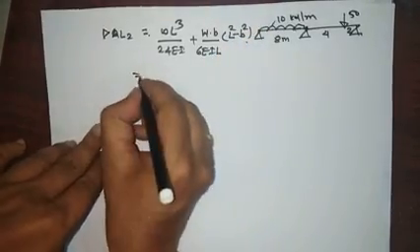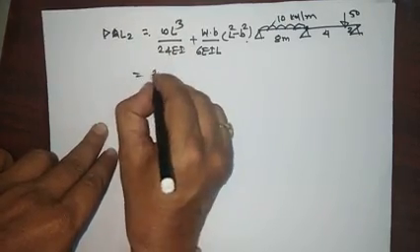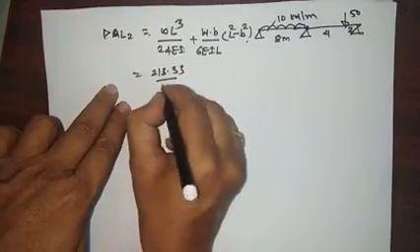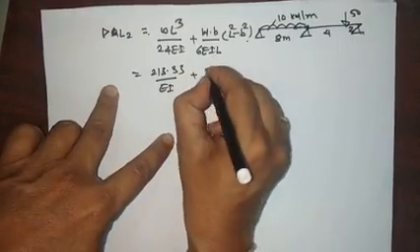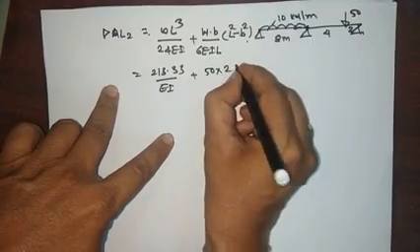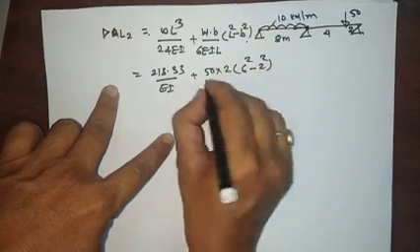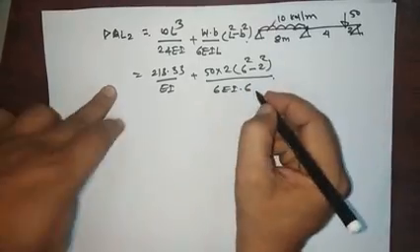Now if you put in the values, this value is the same, 213.33 divided by EI, plus 50 into 2 into 6 square minus 2 square divided by 6 EI into 6.